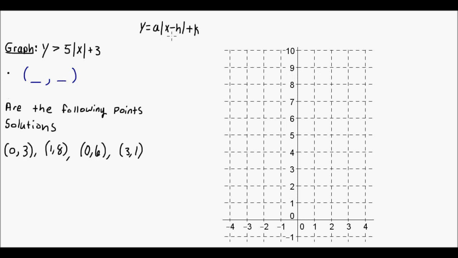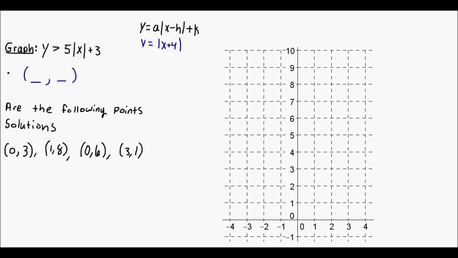Now the x component is determined by the number that's being added or subtracted to the x, and I want to use the opposite of that number. So if inside here I had y equals the absolute value of x minus 3, then the x component would be positive 3. On the other hand, if instead of minus 3 I had plus 4, the x component would be negative 4.